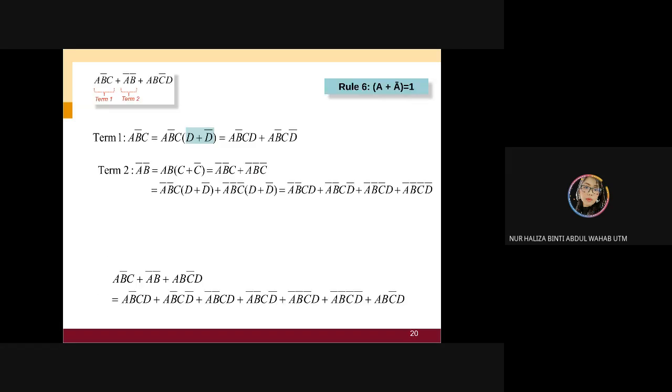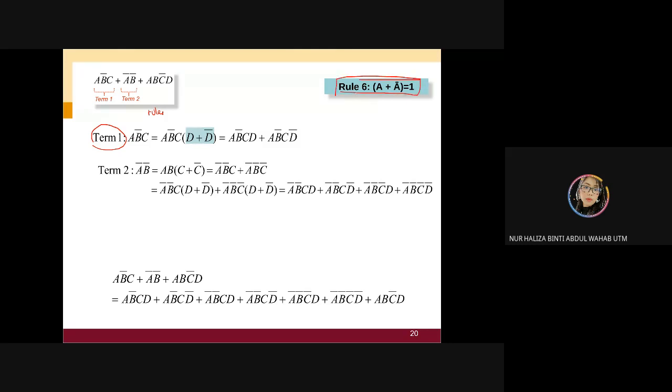So now let's take a look one by one. For term 1 here, you have A, B bar, C. And what you're going to do, you're going to use your rule number 6, which is already given here.